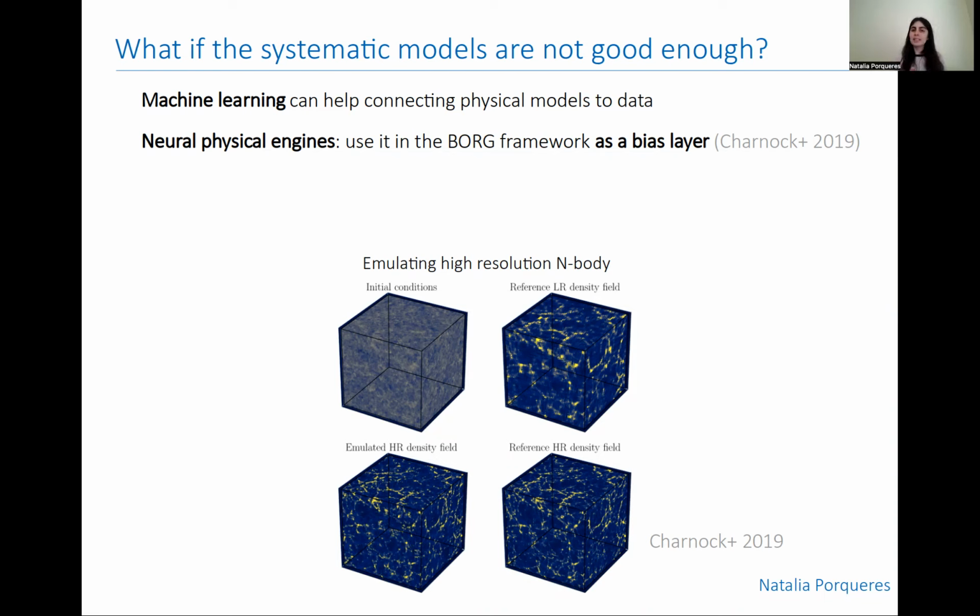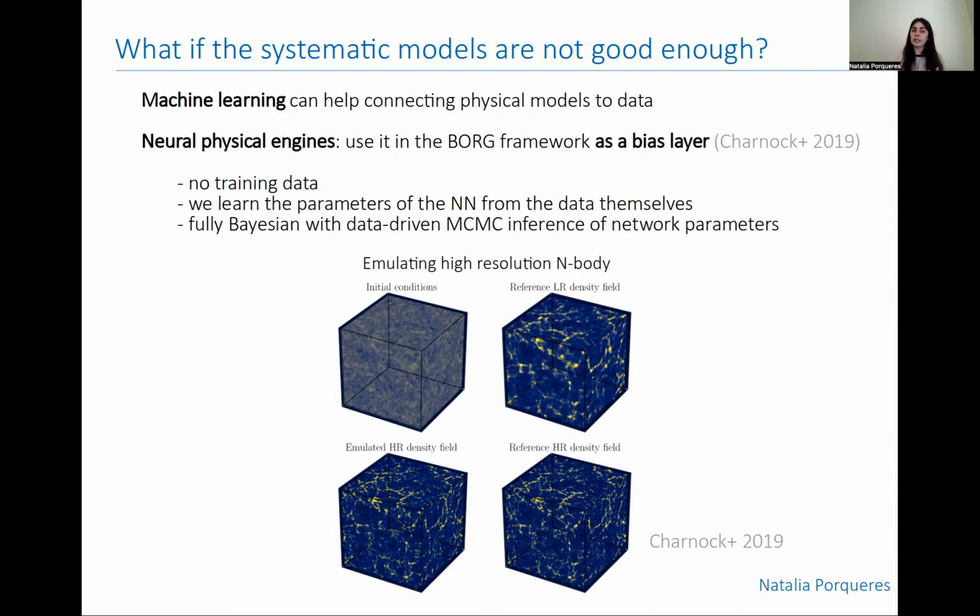And this is a not-trained neural network, meaning there's no training data. We would learn the parameters of the neural network, meaning the weights and so on, directly from the data themselves. This is a fully Bayesian way of using neural networks within an MCMC framework and an inference problem.